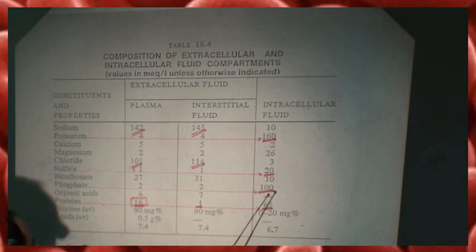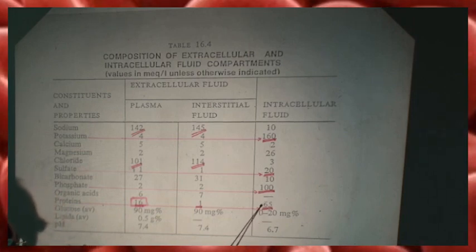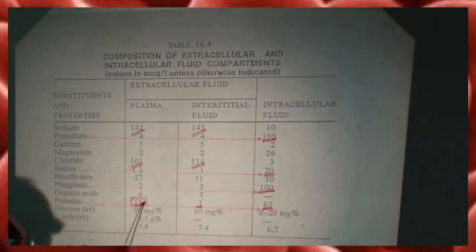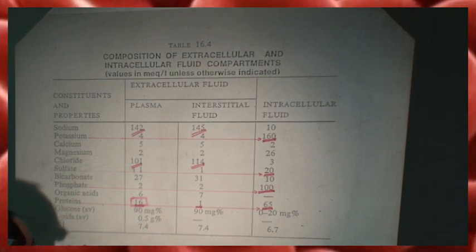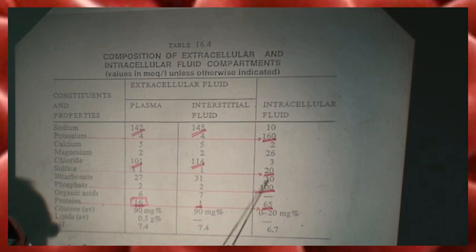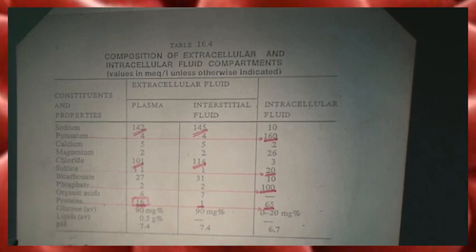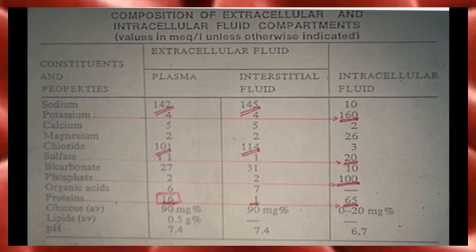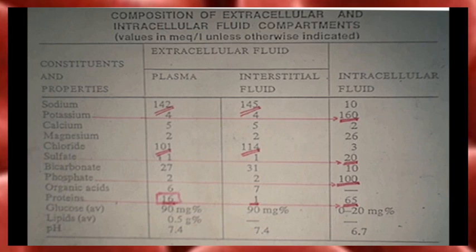And you see the intracellular proteins, 65, compared to 16 in plasma. This is the difference between the constituents when we compare extracellular fluid and intracellular fluid. You see, there is no difference between interstitial fluid and plasma, even the glucose as well as the pH.